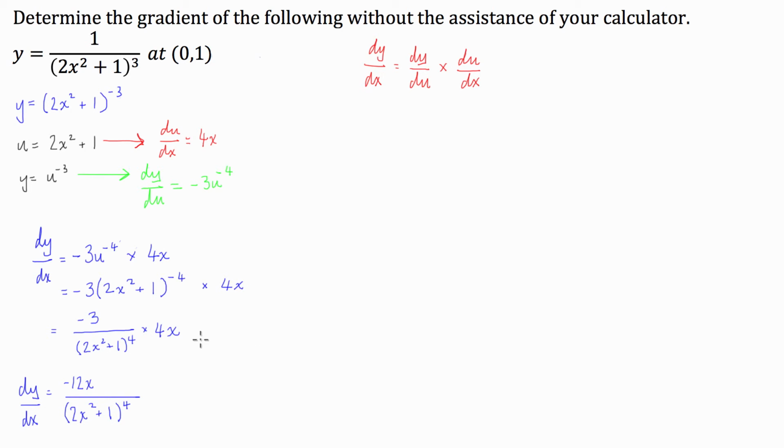Okay, well that's all well and good. We've got this, but now we need to figure out what the derivative is at the point x equals 0. So I'll just continue it up here. Basically what we have to do is sub in x equals 0 into our gradient function.